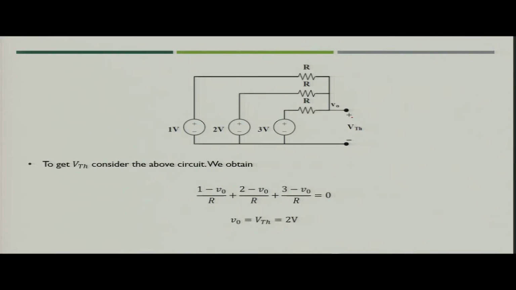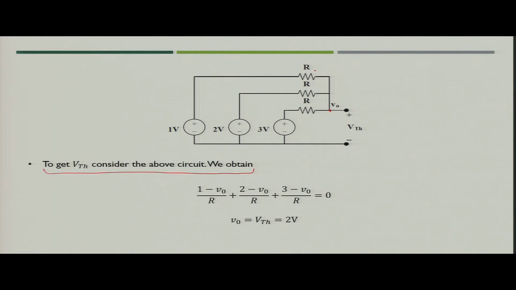Now, the next task is to find the value of the Thevenin voltage. Let us assume that the voltage at this particular node is V naught. So, what can we write? We can use Kirchhoff's current law at this particular node, and we will try to find the value of VTH. For 1 volt, what would be the current?